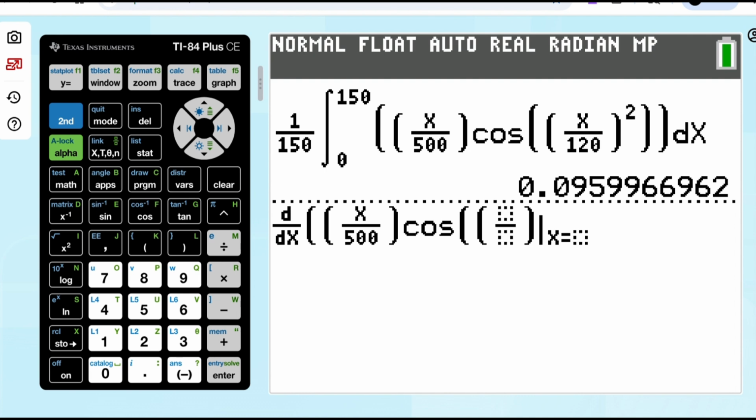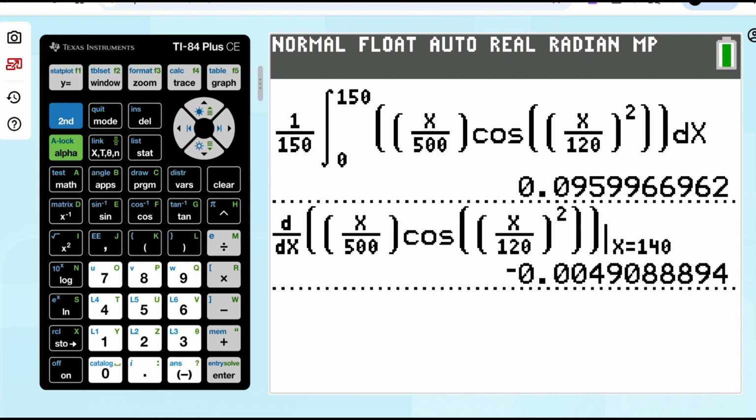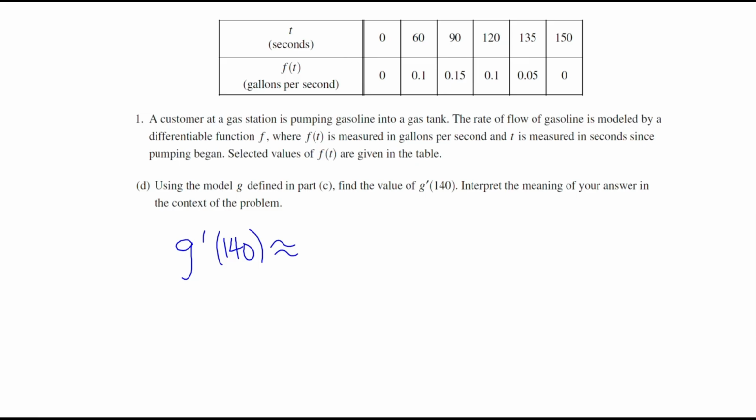We're going to say x over 120. We'll close that first parenthesis and we'll square it. And then we'll close the second parenthesis. And we wanted to evaluate this when x was equal to 140. So we'll just type in 140 for where we're evaluating. And we should get an answer of negative 0.0049, which we'll call negative 0.005.